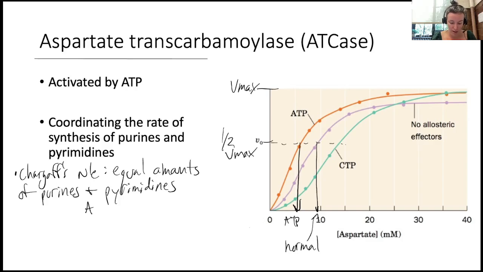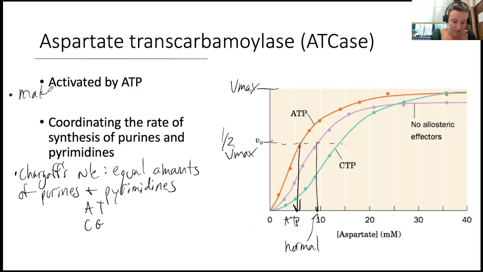Because we need the ATCG base pairing. So ATP is a purine. The base is a purine. So if we have high levels of ATP, we have high levels of purines. This is going to activate the enzyme ATCase to make more pyrimidines so that we can have an equal amount of purines and pyrimidines in the cells.